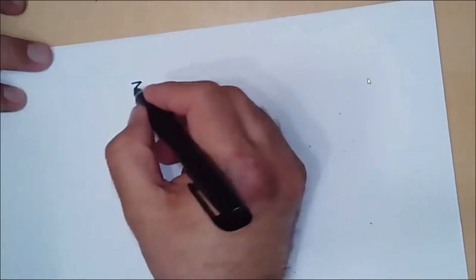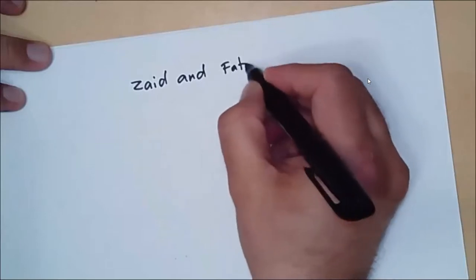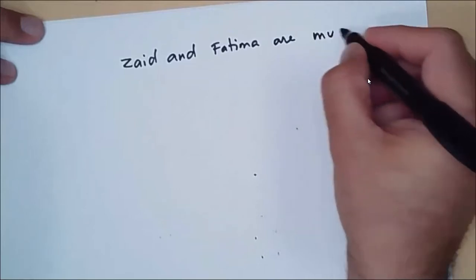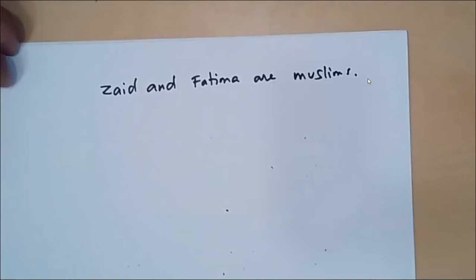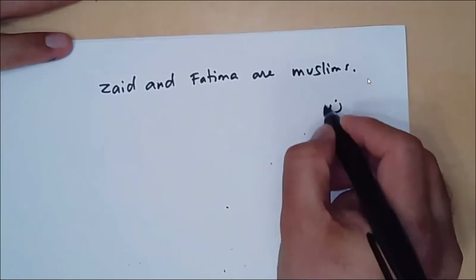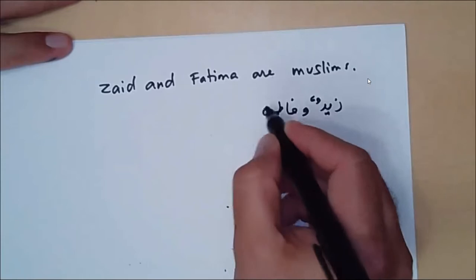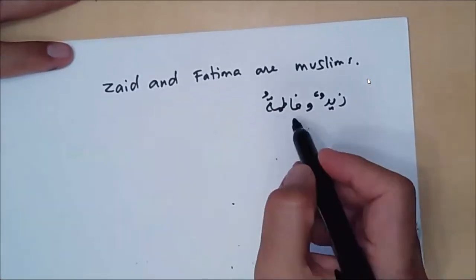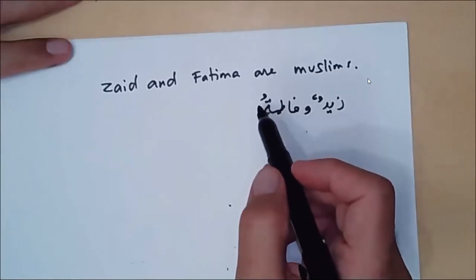Zaid and Fatima are Muslims, right? So we're going to say Zaidun wa Fatimatu, not Tun, because an Arabic female name is Ghair Munsarif, so it only takes one Dhamma in the Rafa.